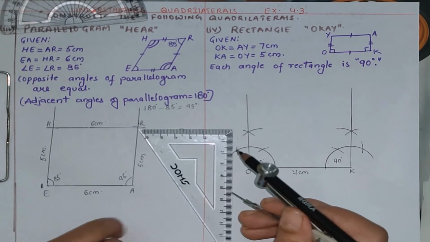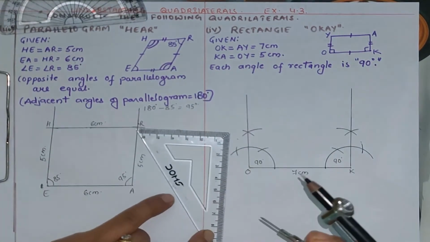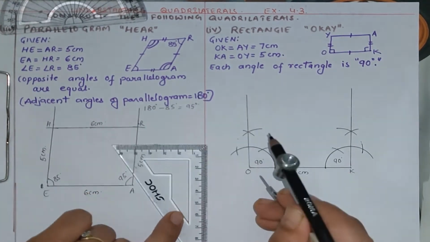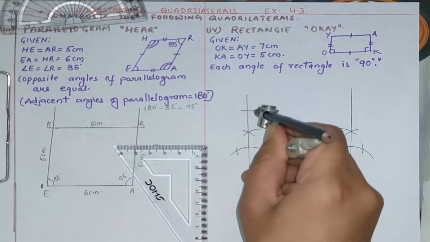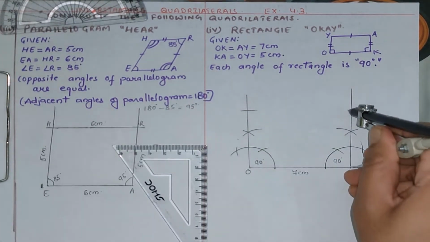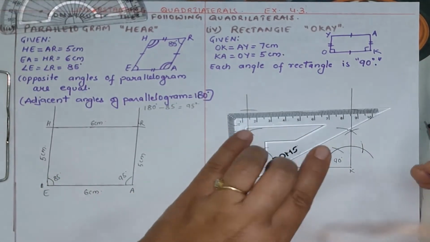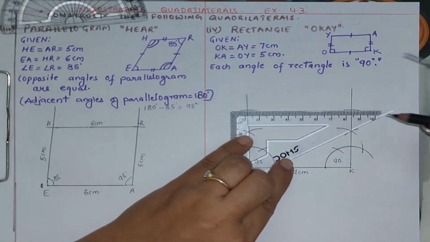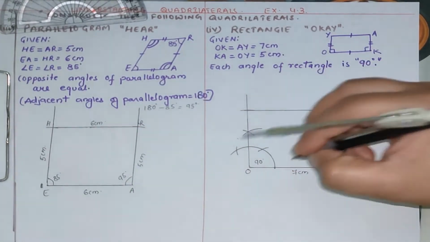With the help of ruler and pencil you will take the measurement like this, 5 centimeter measurement, and then put your compass pointer on the O point and cut an arc on the straight line, and again on K cut another arc, and then you will join these points. And in this way you will get your OKAY.